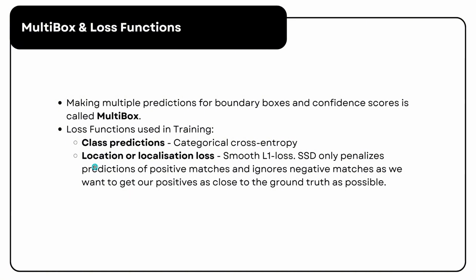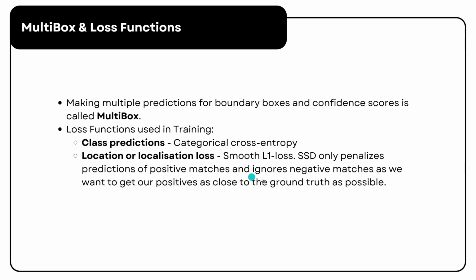For localization loss, also known as the smooth L1 loss, this handles how well the predicted bounding box matches the ground truth. The key point here is that SSD only penalizes errors for positive matches, meaning the boxes that actually overlap with the real objects.